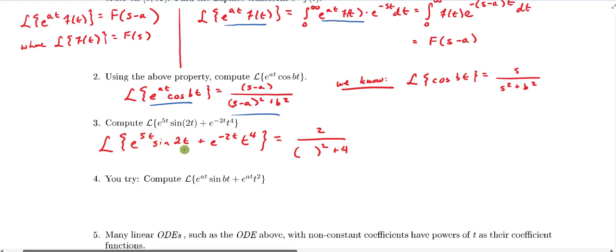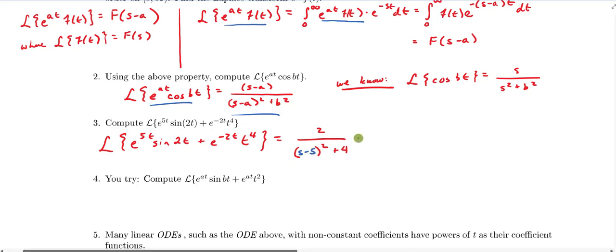But because I'm multiplying my known Laplace transform by e to the 5t, I'm going to take that known Laplace transform and shift it to the right 5 units. So this gives me s minus 5 sitting in there.